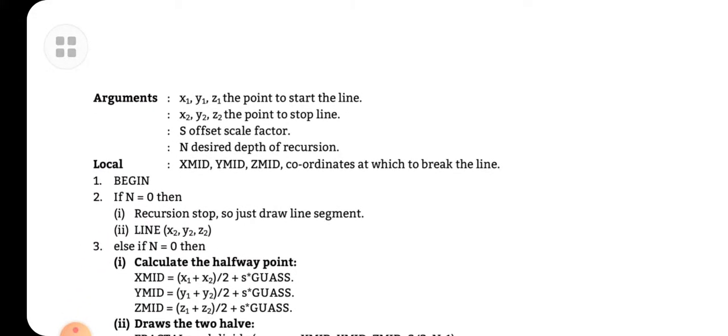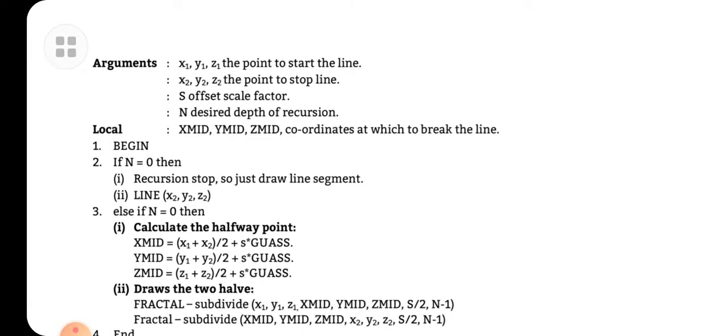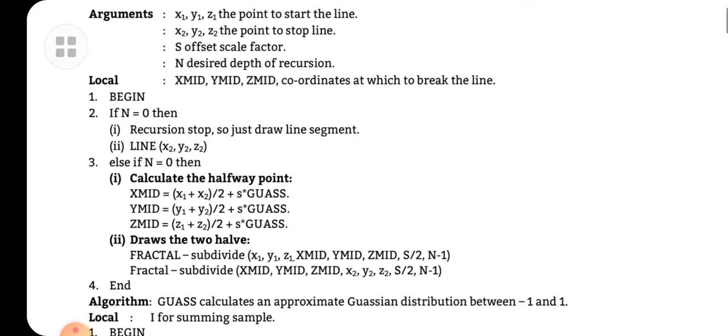The arguments are x1, y1, z1, the point to start the line, and x2, y2, z2, the point to stop the line. x1, y1, z1 is the start of the line and x2, y2, z2 is the end of the line. Then s is the offset scale factor, n is the depth of the recursion, and xmid, ymid, zmid are the coordinates at which the line is broken. Begin: if n is equal to 0, then recursion stops, so just draw the line segment to x2, y2, z2.